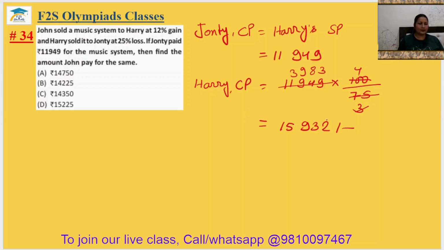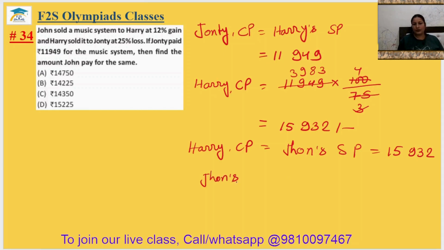is 15,932. Now Harry's cost price will be equal to John's sales price. Okay, John's sales price is equal to 15,932. So it means John's cost price can be calculated using this SP. The formula is SP multiplied by 100 upon 100 plus profit percentage.